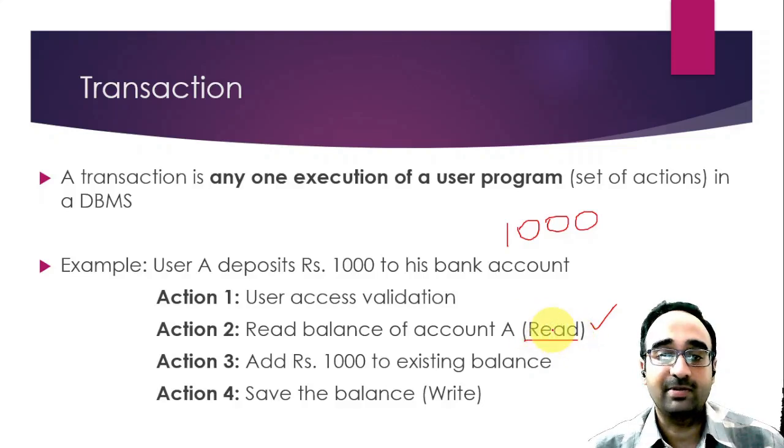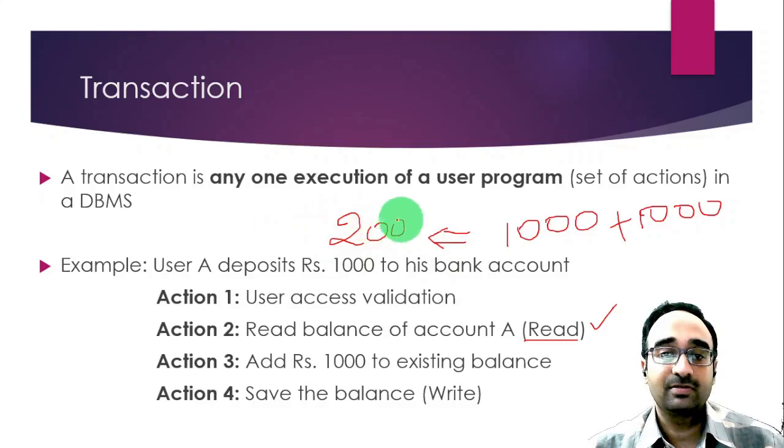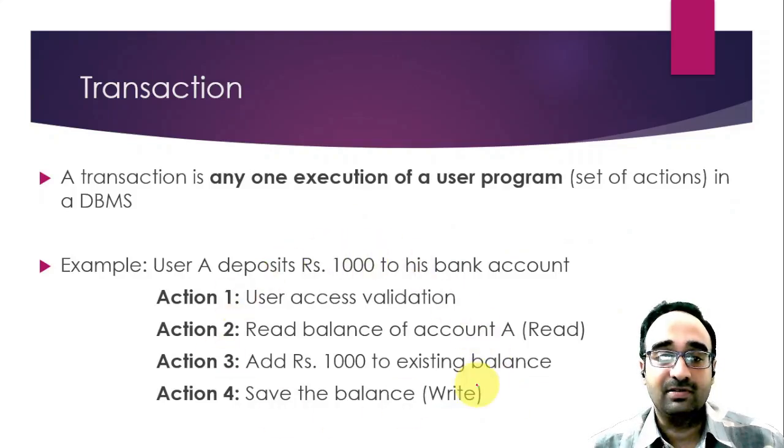The balance is read by the application, and since he is depositing another 1000 rupees, that 1000 rupees is added to the existing balance, plus 1000. This becomes 2000 rupees. Finally, the last action is to save this balance again into the account. That is a write operation because you are storing data into the database. So this is a good example for a transaction.